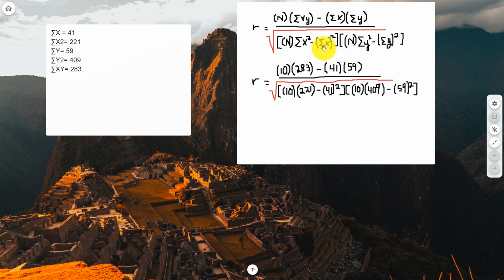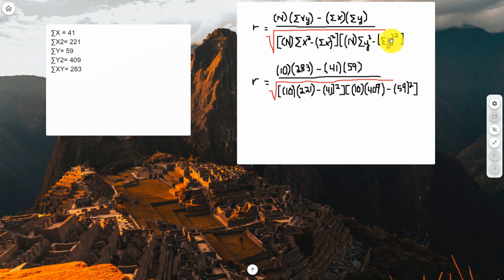And then sum of x, remember these two are the same, so the 41 just drops down into this placeholder, as I like to call them, jumped over the fence. Then on the y box, the n is 10, and the sum of y squared is 409. I put that in there.